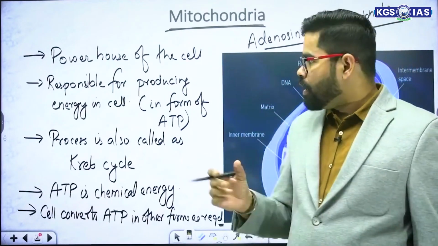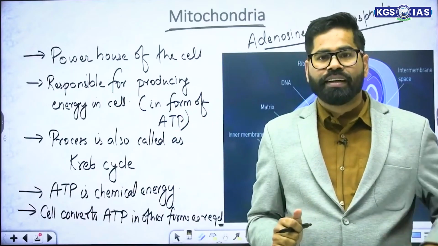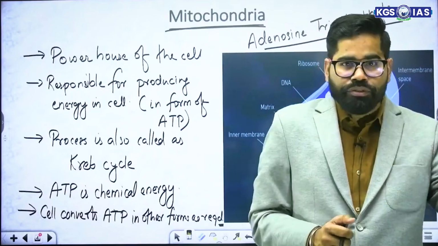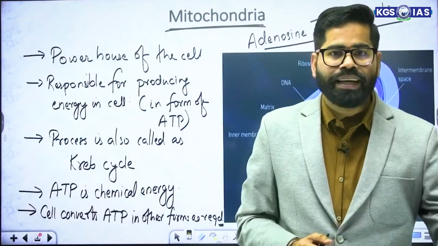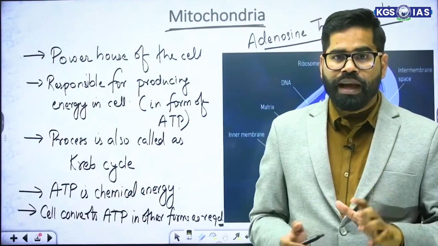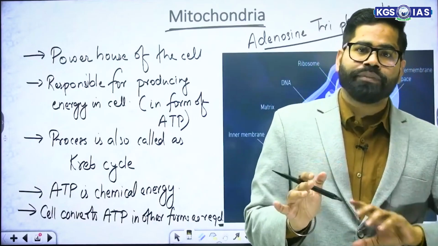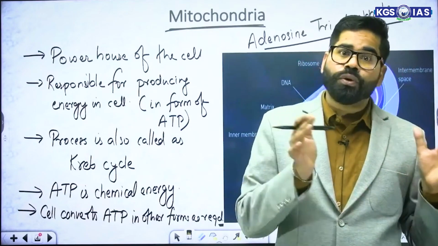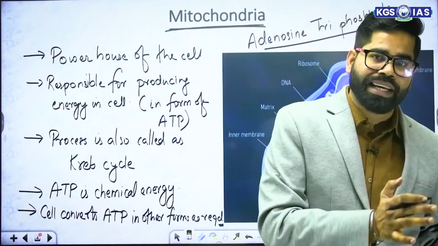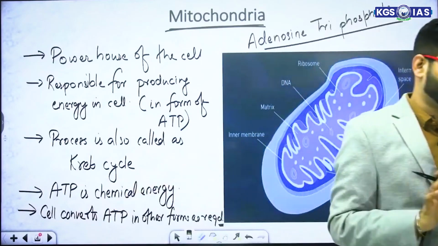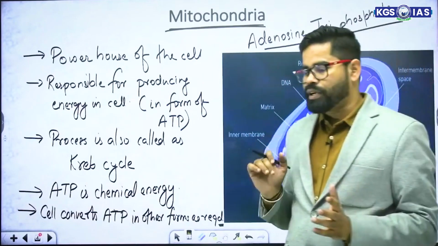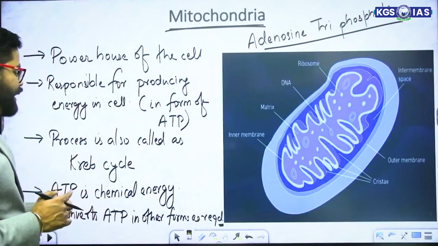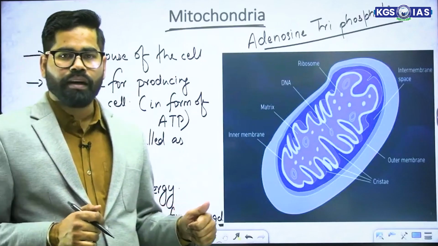Similarly, the mitochondria releases the energy from food and stores it in the form of chemical energy, and from that chemical energy the cell uses whatever it requires. So it stores the energy as a chemical energy, that is adenosine triphosphate. So this is what mitochondria is and what it does.